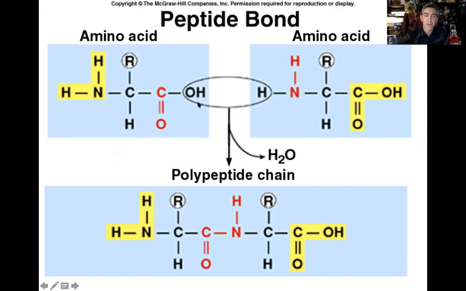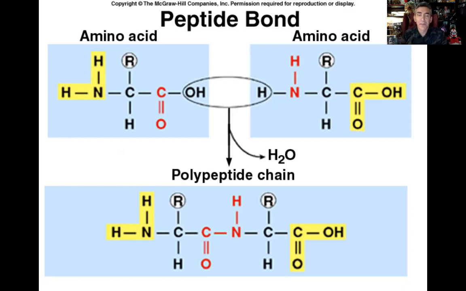Well, what happens? So the hydroxyl from one carboxyl will be removed, and the hydrogen from the amino group will be removed to form water, thereby allowing the carbon of the carbonyl to connect with the neighboring nitrogen of the amino. And again, that is where that bond will form. It's a covalent bond.